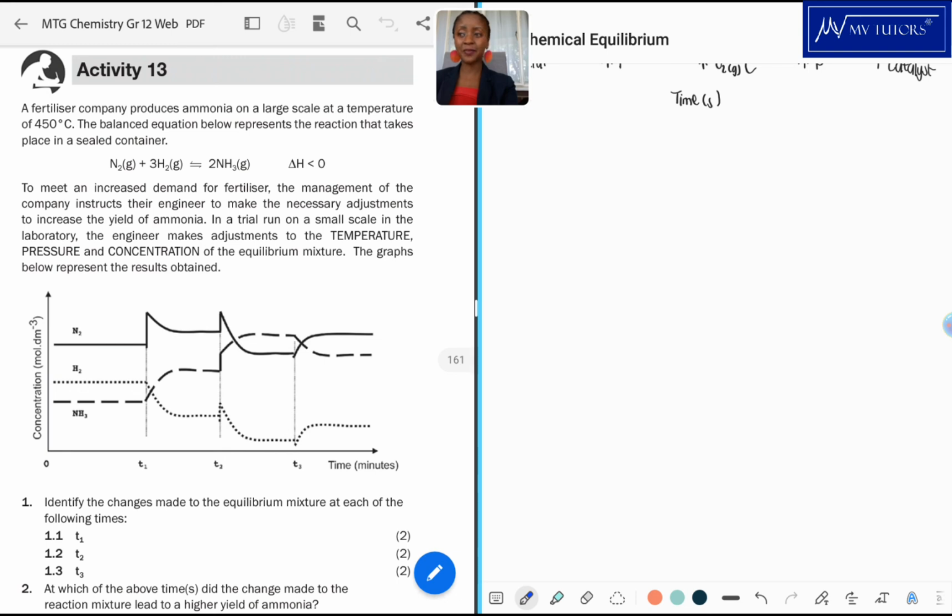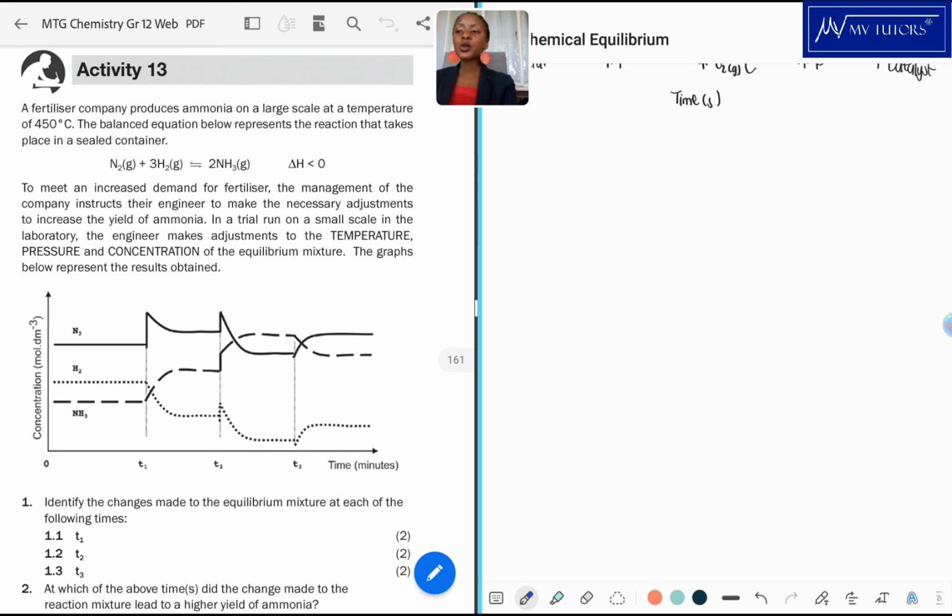So let's see. It says a fertilizer company produces ammonia on a large scale at a temperature of 450 degrees Celsius. The balanced equation below represents the reaction that takes place in a sealed container. We see that nitrogen and hydrogen give you ammonia, and the chemical reaction is exothermic.